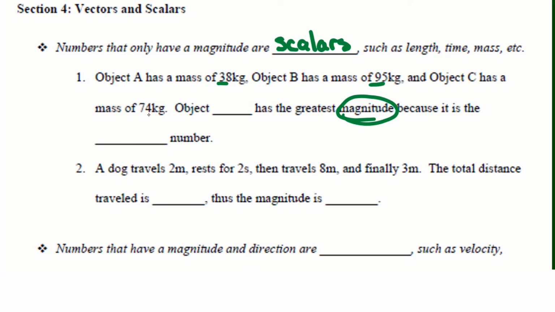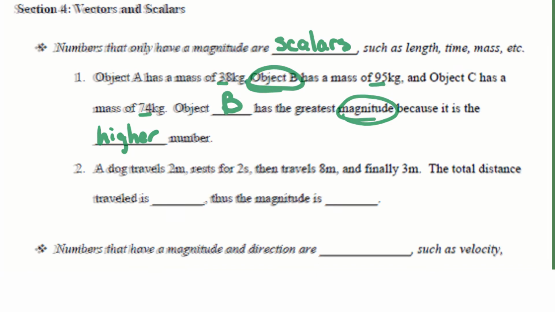In other words, they're asking you which one of these objects has a greater value, a higher number. And in this case, that would be object B. That's the one that has the greatest magnitude.